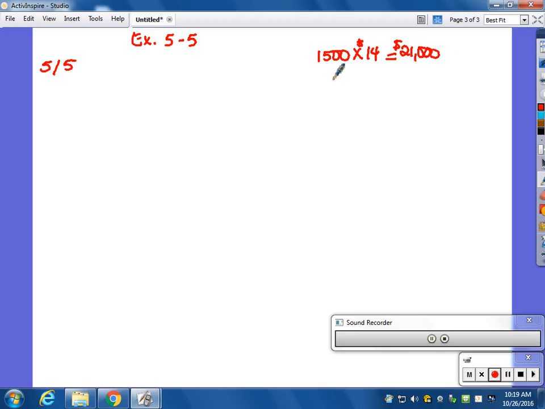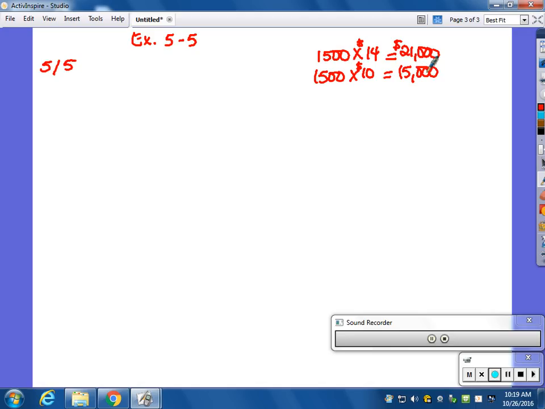Now it cost them how much per unit? $10. So 1,500 units times that $10 equals what? That's simple math, 15,000, right?